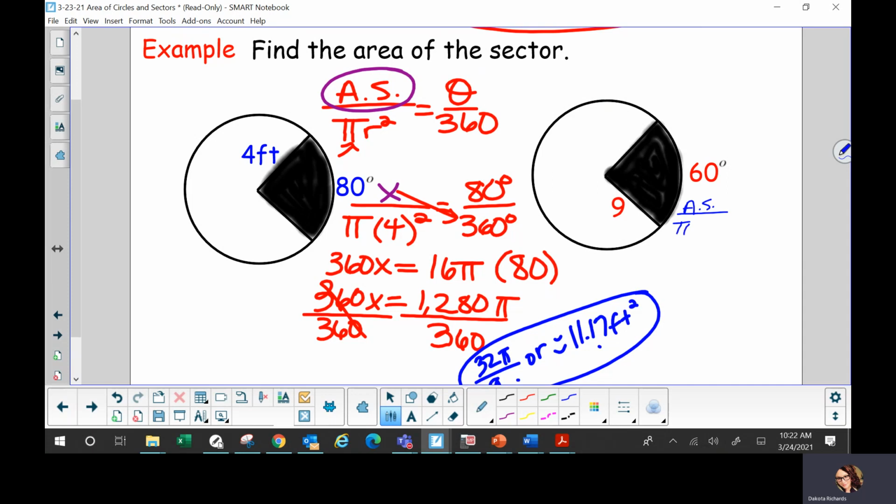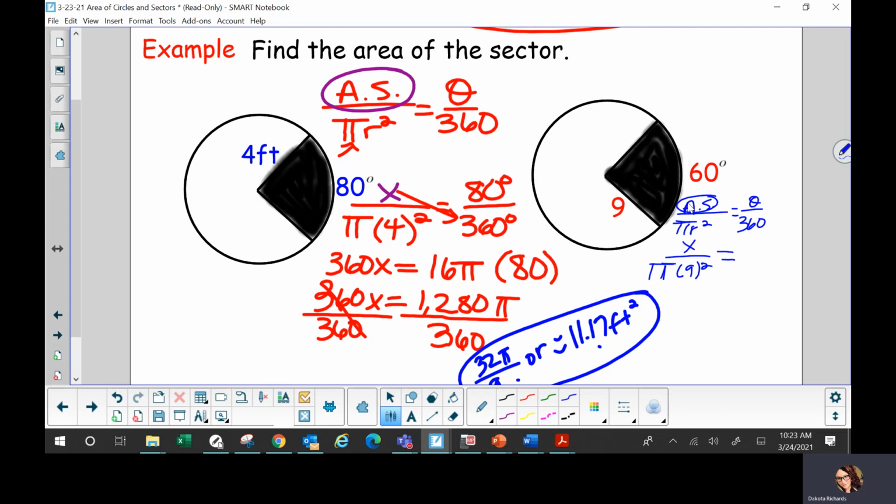Area over pi r squared equals theta over 360. So I'm going to put an X there because that's what you're trying to find. Your radius is what? Guys, what's your radius here? 9. Okay.